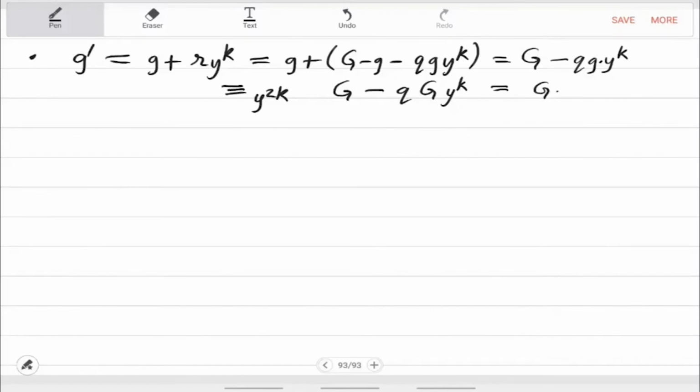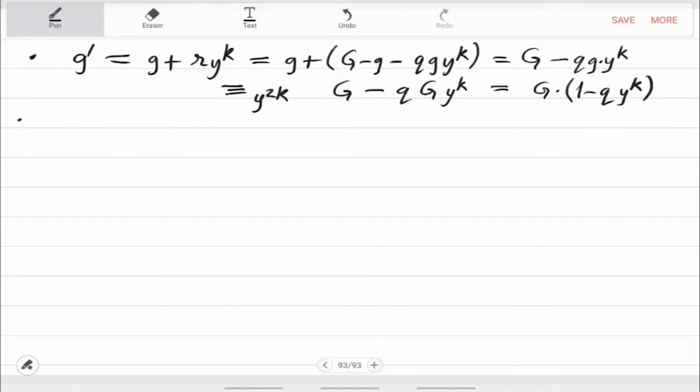Which is G times 1 minus q y to the k. Fine. So actually in this special modulus y to the 2k, G prime is nothing but just a unit multiple of big G. So obviously it's a factor of f. Right, that's all.